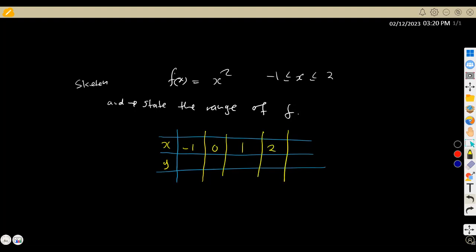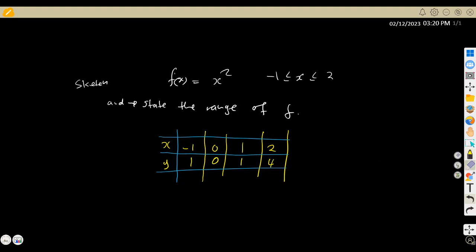Let's say this is what you have on your table. From the table that we have, the corresponding values of y: at -1, we square, that's -1 squared, which is 1; 0 squared is 0; 1 squared is 1; 2 squared is 4.